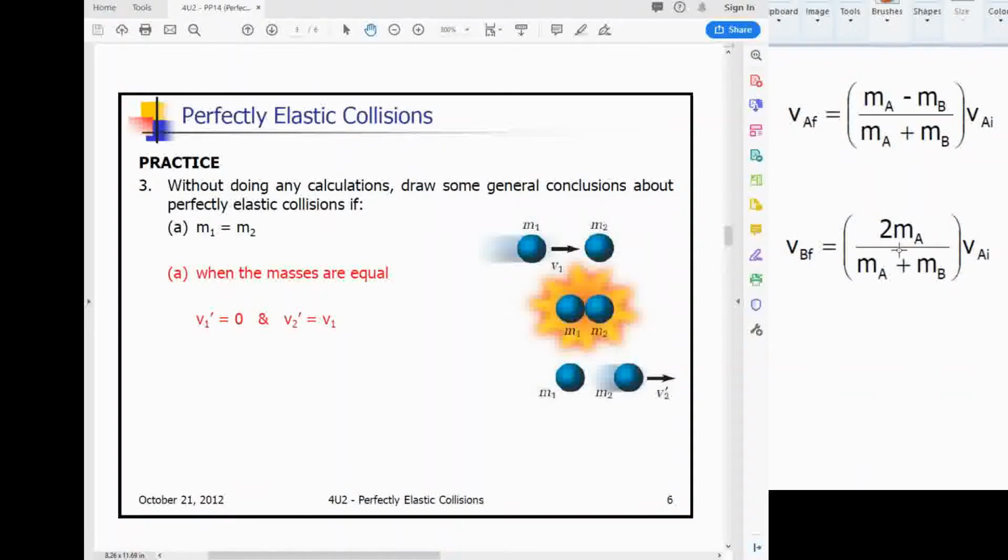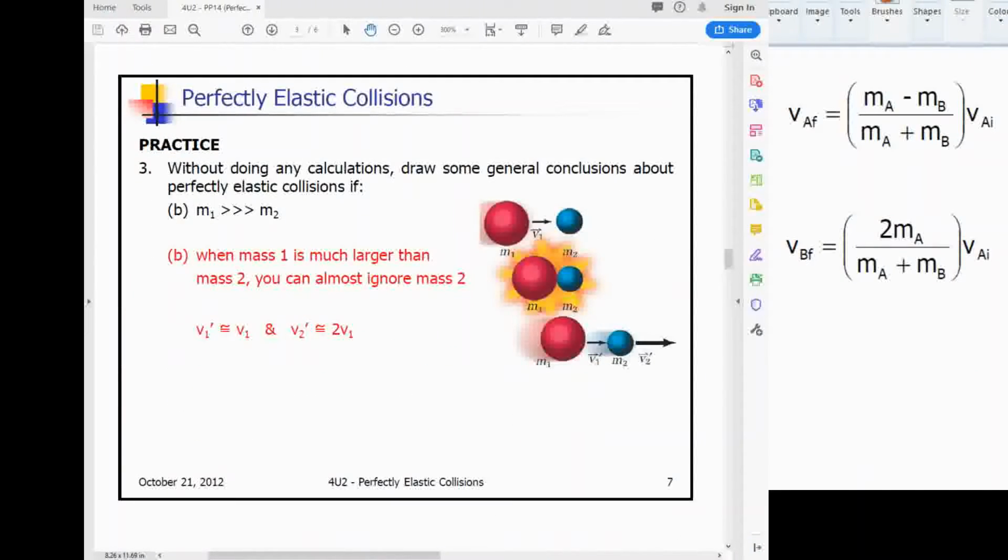So we would have 1. That means that VBF would be equal to VAI. So we would have our mass 1 hit our mass 2. Mass 1 would stop completely. Mass 2 would carry on moving at the same velocity that mass 1 was moving at initially.